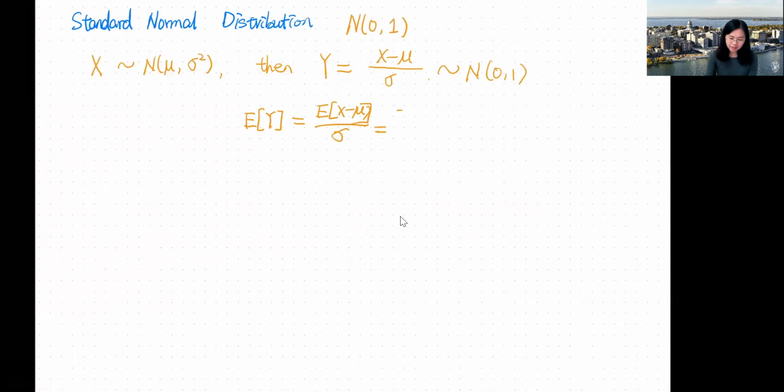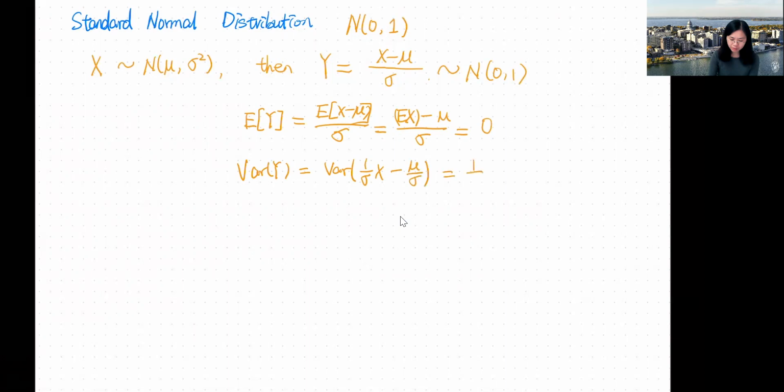Well, that is expected value of x minus mu divided by sigma. Expected value of x equals mu. Therefore, this is 0. And variance of y is the variance of 1 over sigma times x minus mu over sigma.